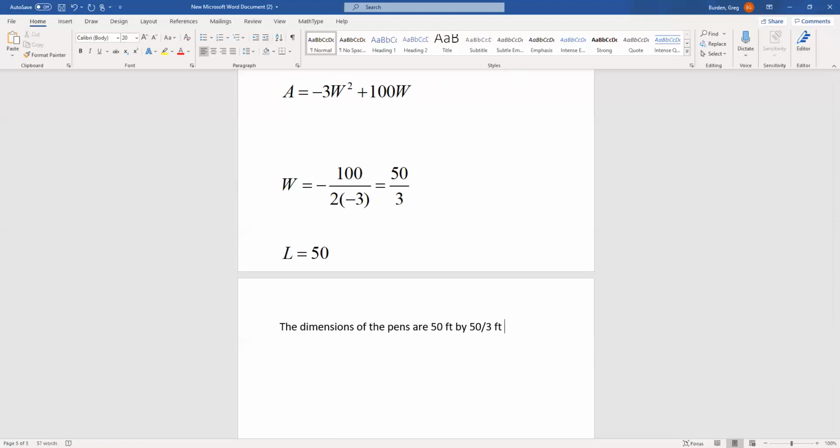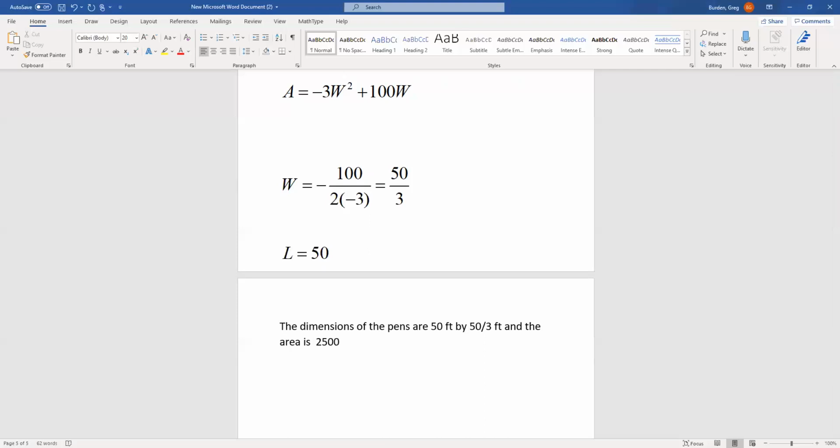And I'm not sure that the question I put out actually asked this, but the area is, of course you can find the area just by multiplying this out. So we'd have 50 times 50 thirds. Well, 50 times 50 is what, 2,500? 5 times 5 is 25, 10 times 10 is 100.